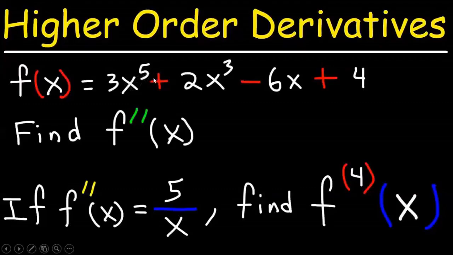Here, in the first derivative, 6x squared becomes 12x. Minus 6x gives 6 in the first derivative, and then in the second derivative the 6 is gone. The constant 4 is gone.